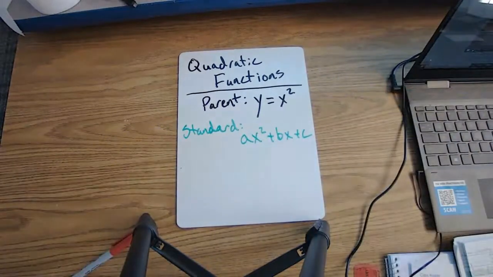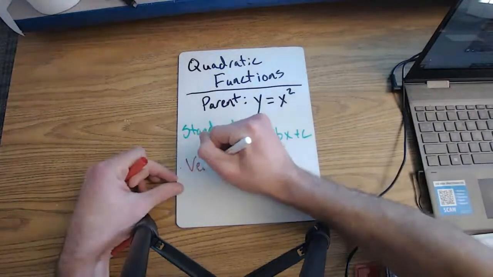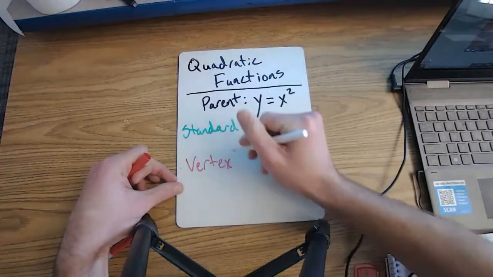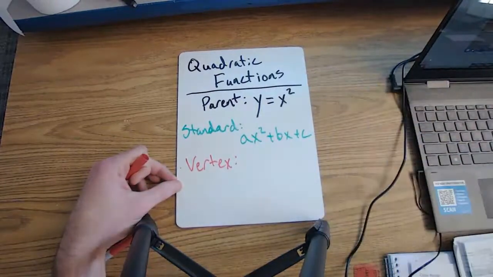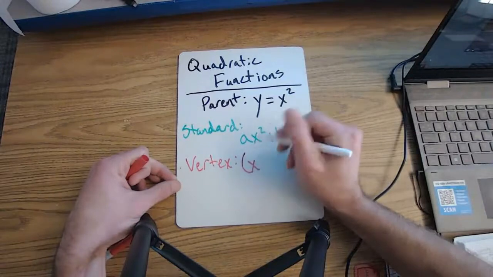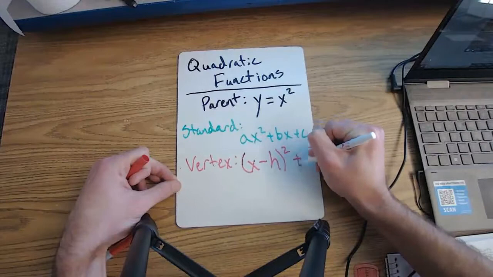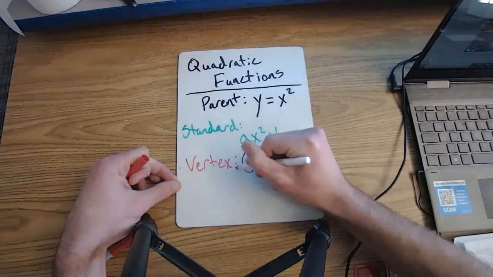Okay, the next one that we have may look familiar to you because it's very reminiscent of what we did with absolute values. It's the vertex form. Okay, we have a times x minus h squared plus k. I almost forgot the a out front.